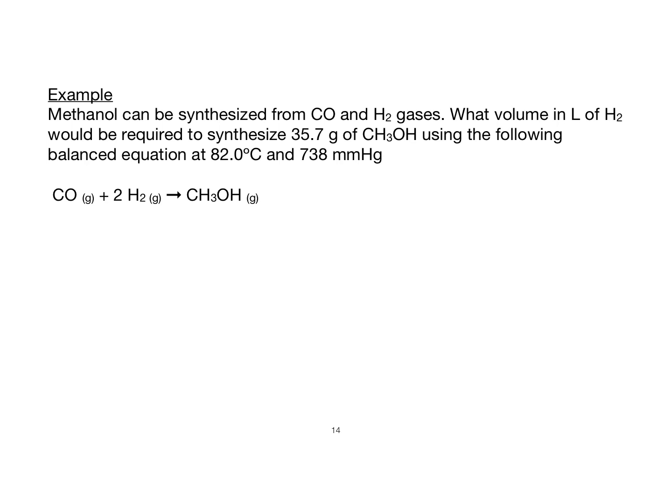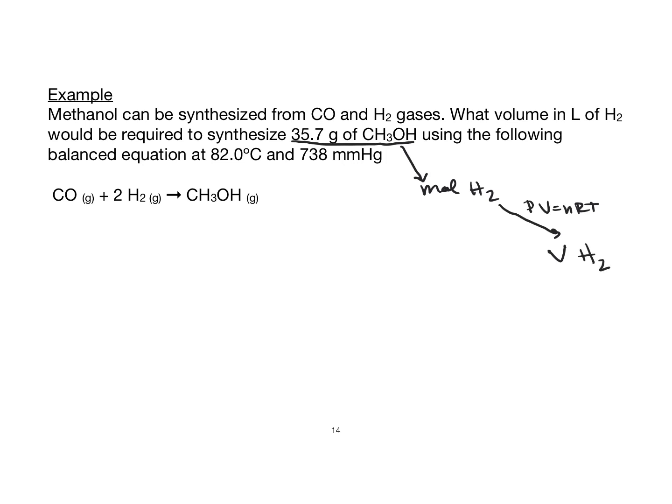We are provided the mass of methanol, so we're going to have to go from methanol to moles of H2. Then we'll use PV equals nRT to solve for the volume of H2.